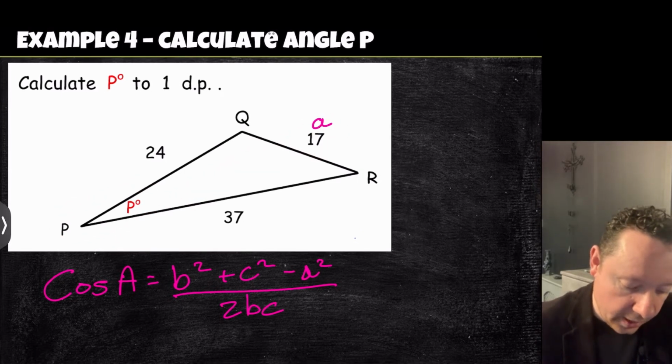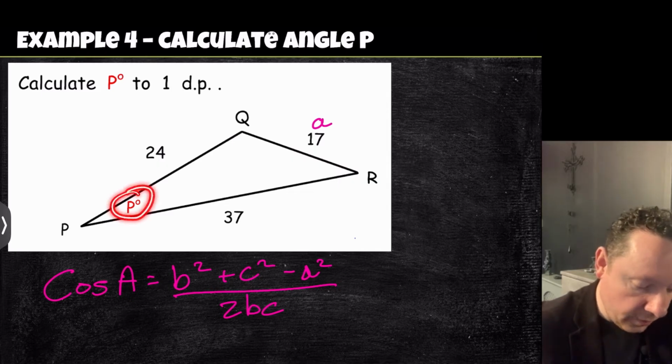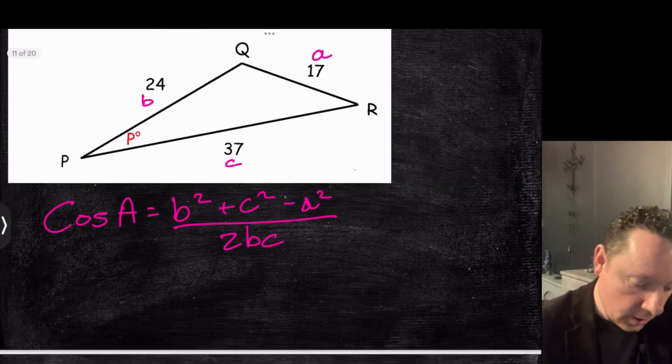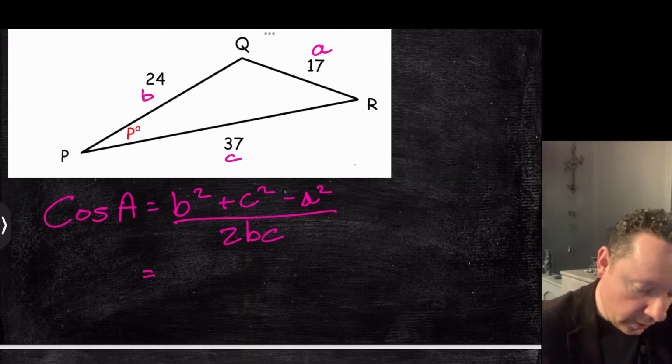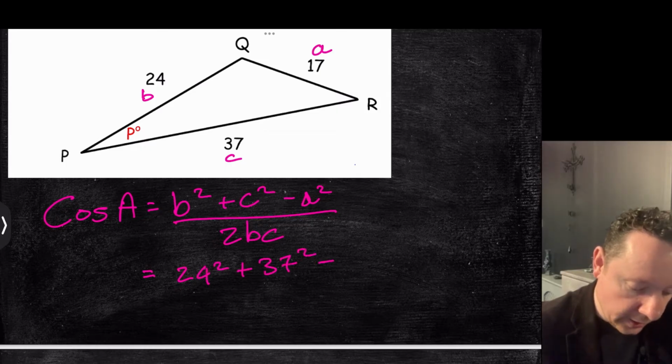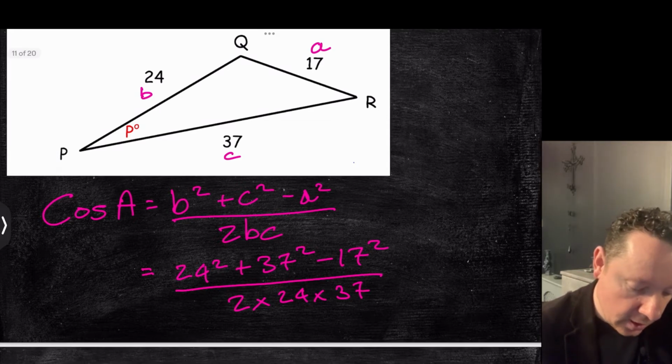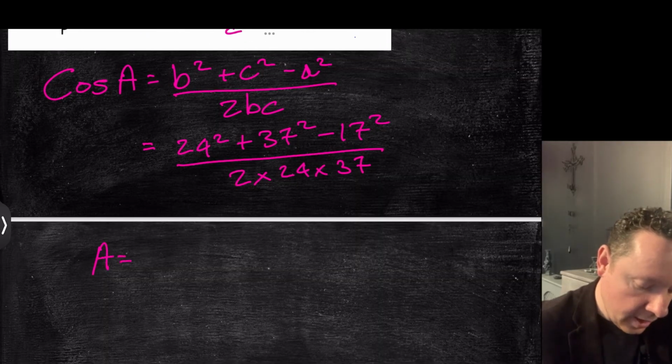Well, a way to remember it is, for the angle, the sides that make up the angle are your B and C, and the other one is A. So B and C can be either of the two, it doesn't matter which way around, so I'll just call that B and C, and I'm good to go. So subbing it in, I get 24 squared plus 37 squared minus 17 squared over 2 times 24 times 37. So that means that A is the inverse cos of this sum.